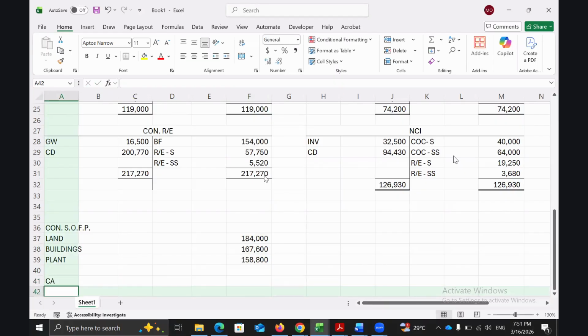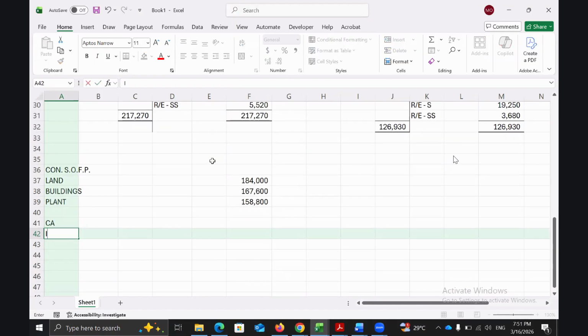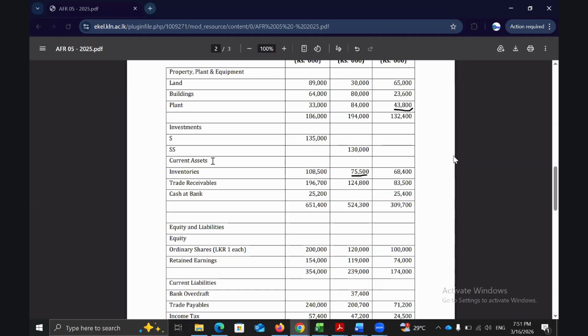Then the current assets. Under current assets, first we have the inventory. Again, with the inventory, we had adjustments.